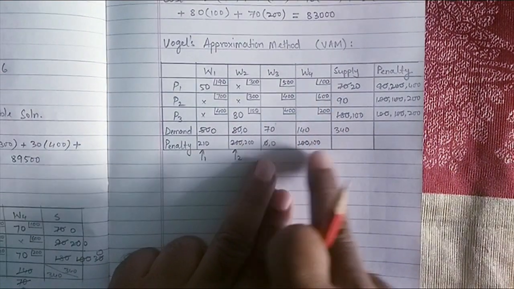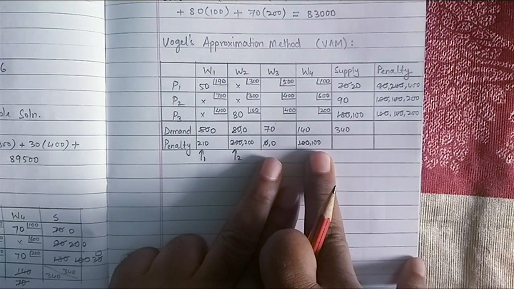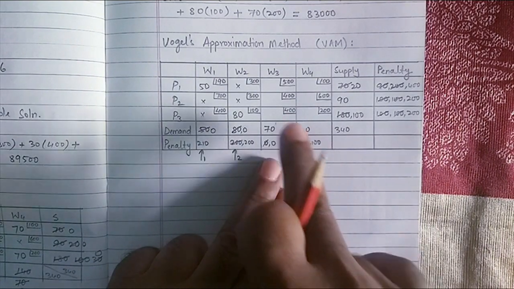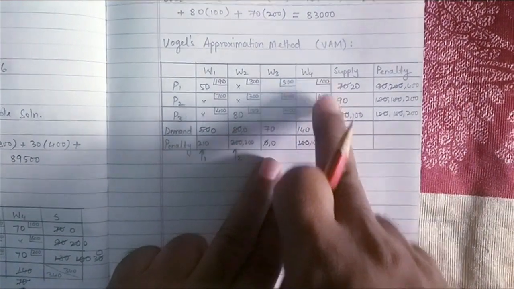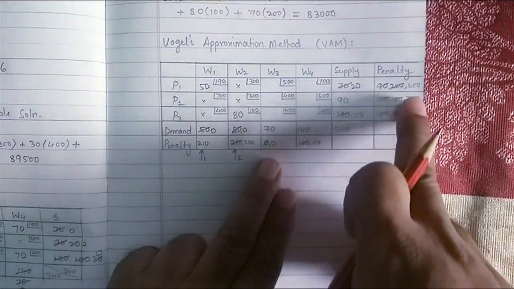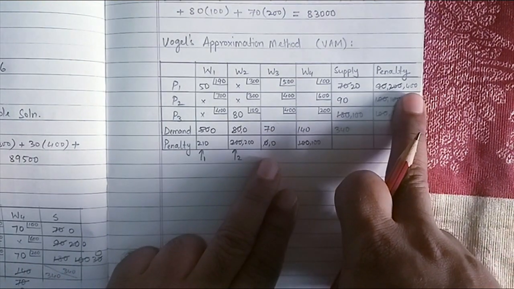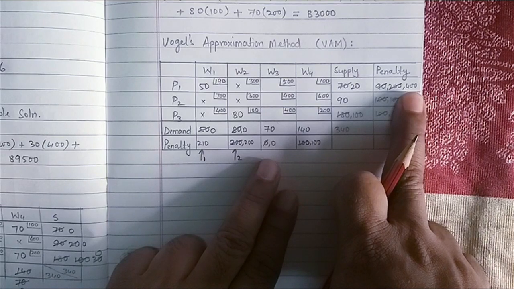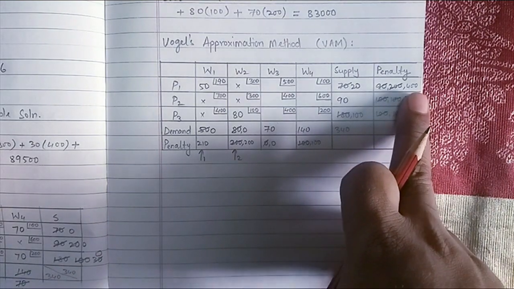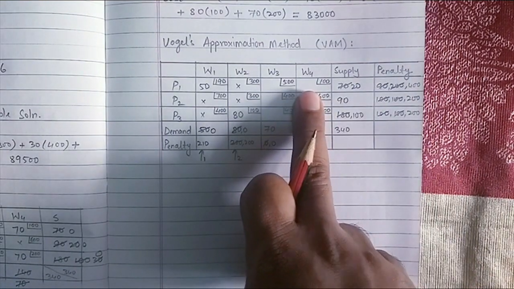These two rows, or columns, there is no change, 0 and 100, fine. Which is the maximum penalty? 400 is the maximum penalty. So this is my third allocation, and I'll be allocating in this cell here.